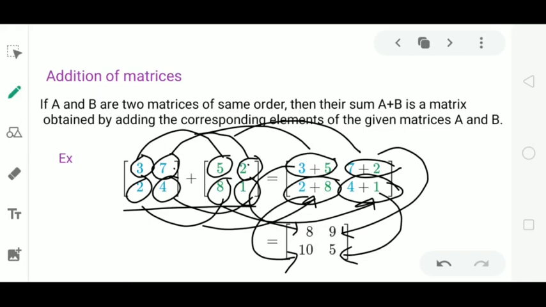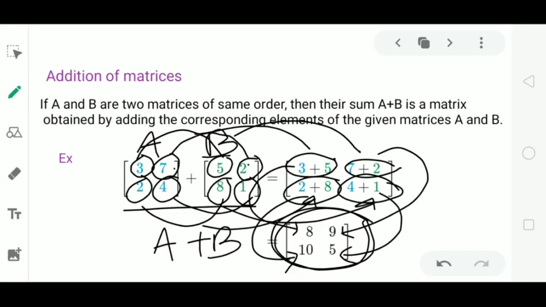So we call it the resultant matrix of the sum of two given matrices. Suppose the first matrix is A and the second matrix is B, then this resultant matrix is denoted by A plus B, which is a matrix obtained by adding the two given matrices A and B. In this way, we can add two matrices.